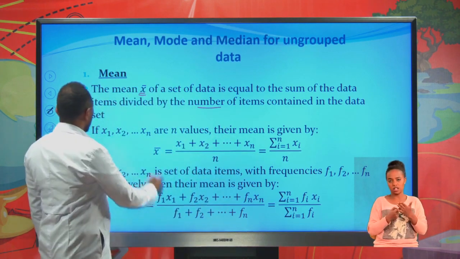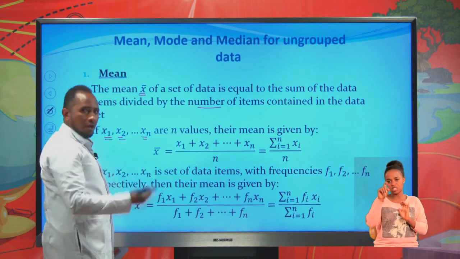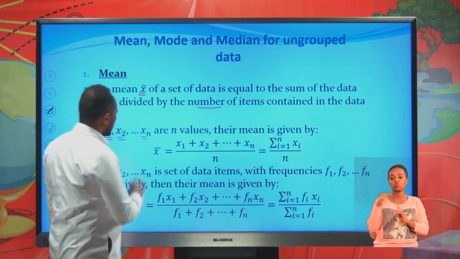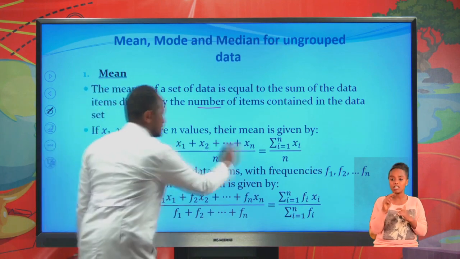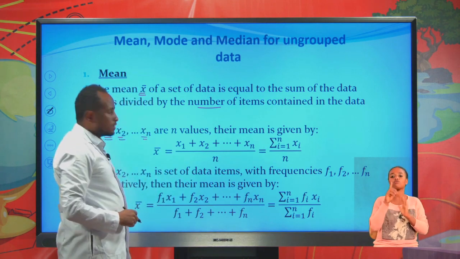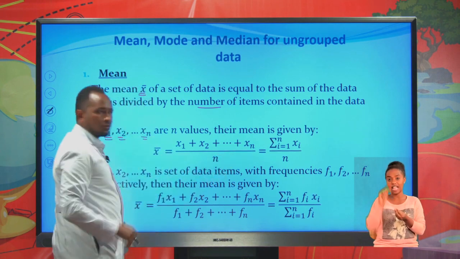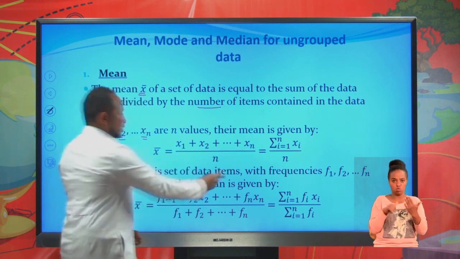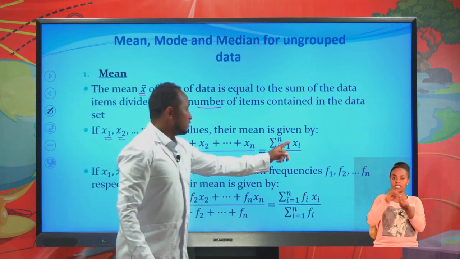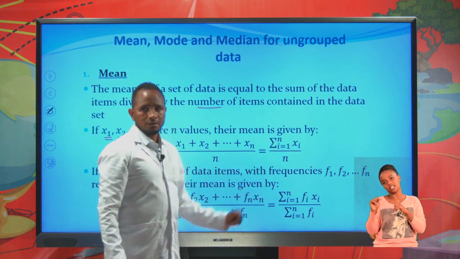For example, if you have these numbers x1, x2 up to xn in data, to find their arithmetic mean, simply you add the terms and you divide by the total number of the data. So here x1 plus x2 plus up to xn divided by the total number of data, n, or you can write this using summation notation in this form: the summation of xi, where i starts from 1 up to n, divided by n.